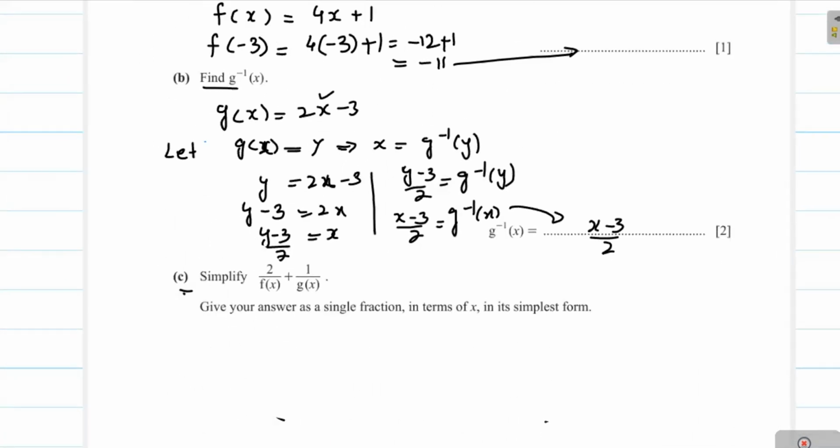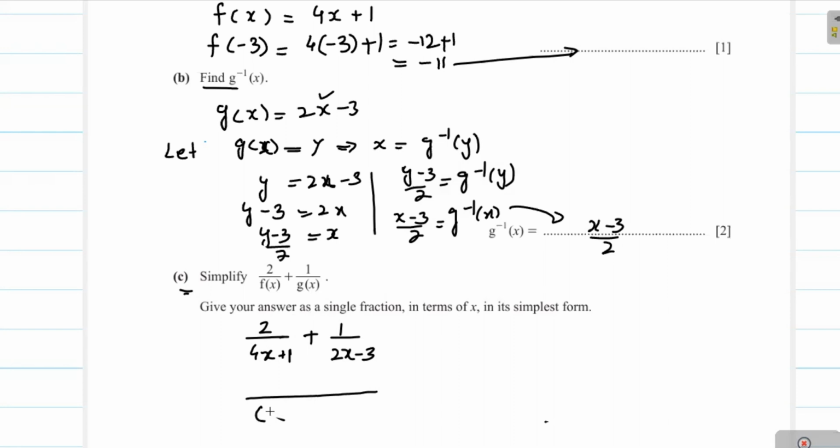Part C, 2 over f of x plus 1 over g of x. We can write it as 2 over f of x, whose value here is 4x plus 1, plus 1 over g of x, whose value is 2x minus 3. Now to simplify these two fractions, we take the LCM.